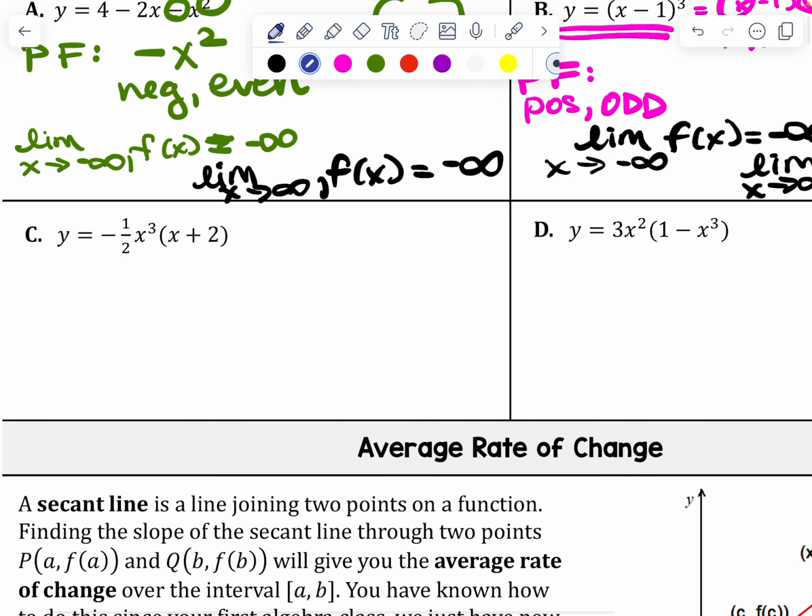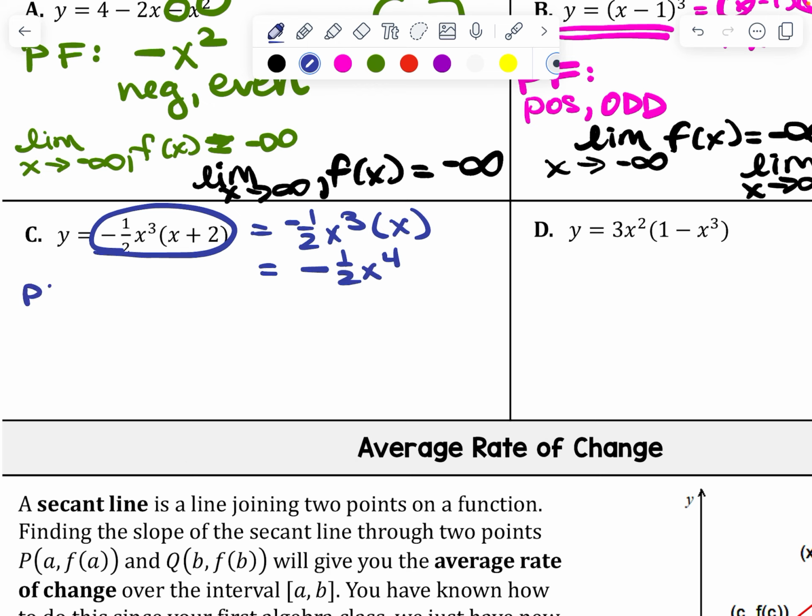Let's look at this one. If I had to multiply this out, I would get negative 1/2 x cubed times x for my first term, which is a negative 1/2 x to the fourth. So this tells me my power function is going to be negative x to the fourth. This tells me that it's negative and even. Remember that a negative and even looks like it's ending up and it's matching.